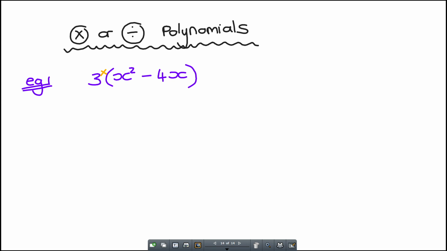Do you guys agree? So actually, it's the same as saying 3 must be multiplied with x to the power of 2. And 3 must also be multiplied with minus 4x. Okay. Do you remember this from the test?